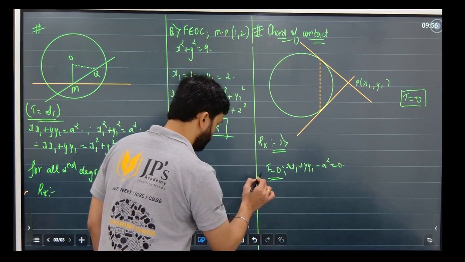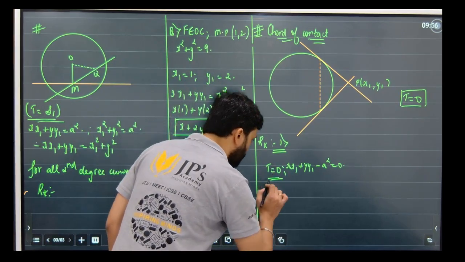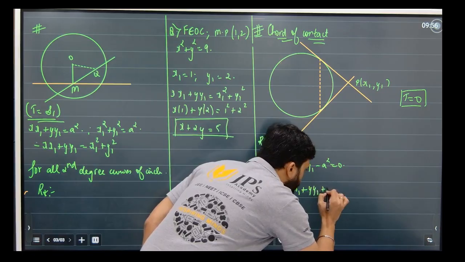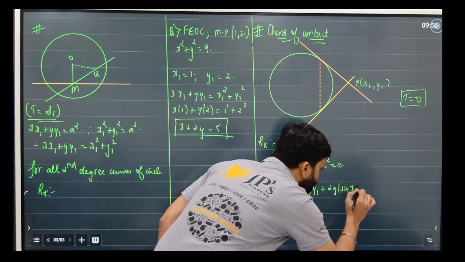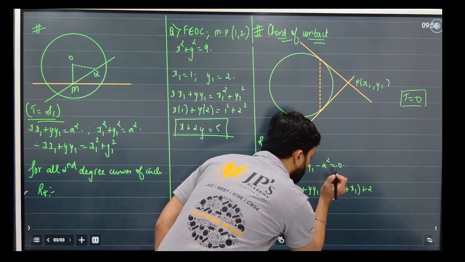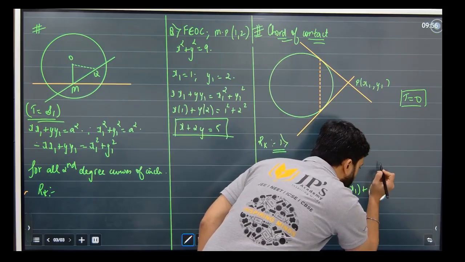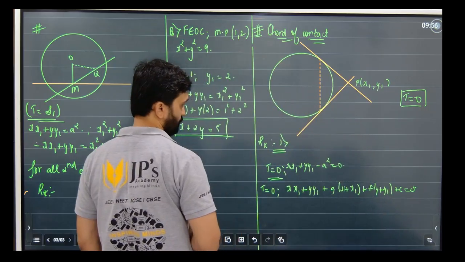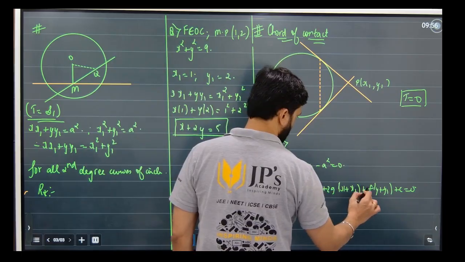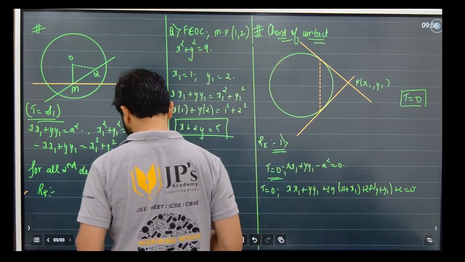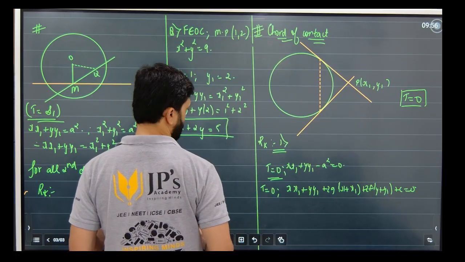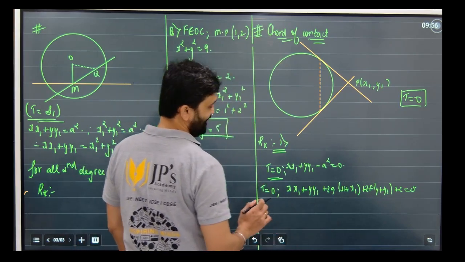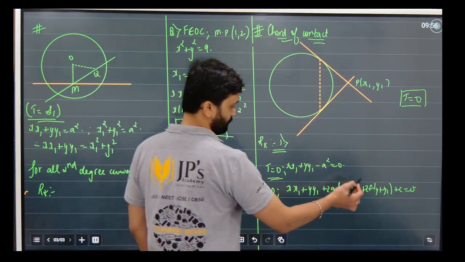And for the general form, T is equal to 0 is x x1 plus y y1 plus g(x plus x1) plus f(y plus y1) plus c is equal to 0.